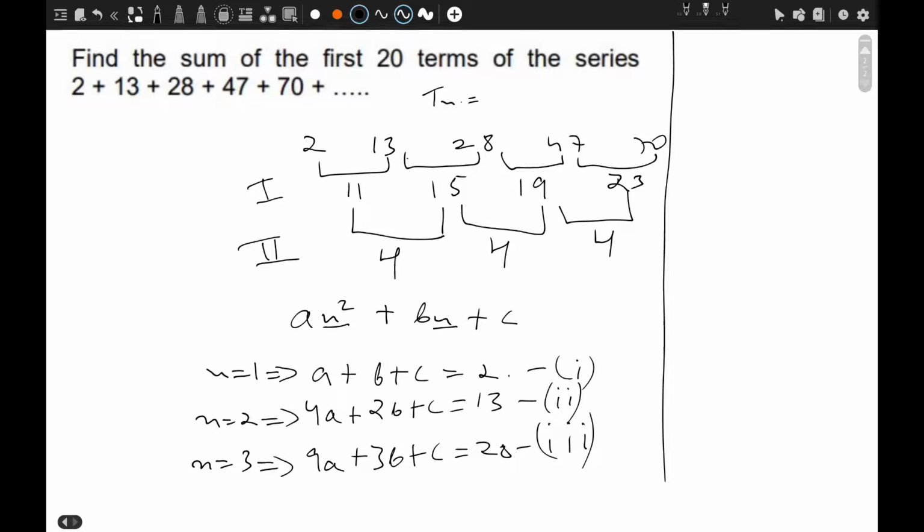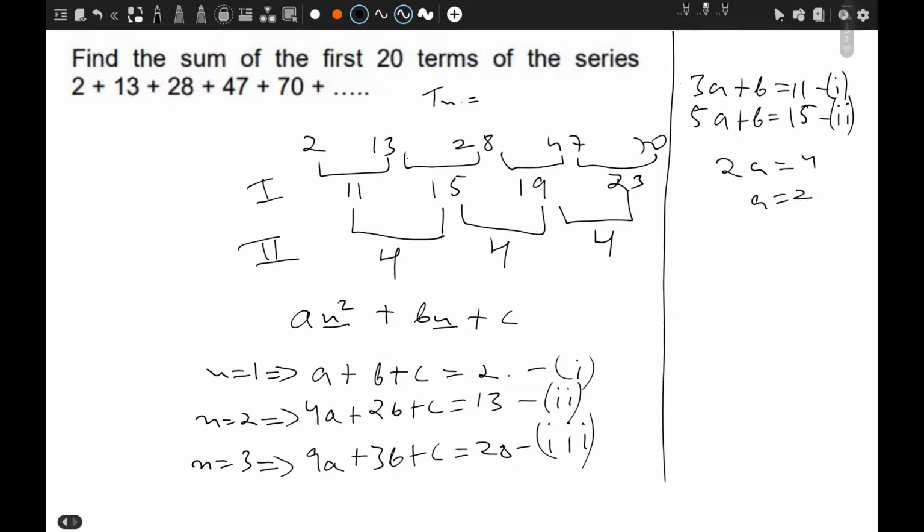So let's solve these equations. If we subtract the first equation from the second, we get 3a plus b equals 11. If we subtract the second equation from the third, we get 5a plus b equals 28 minus 13, which is 15. Let this be equation 1 and this be equation 2. If we subtract equation 1 from 2, we get 2a equals 4, so a equals 2.